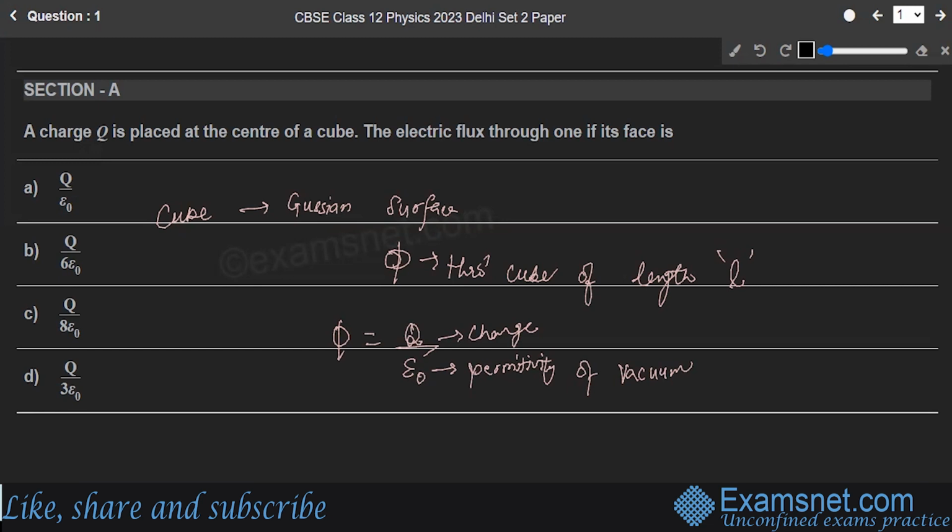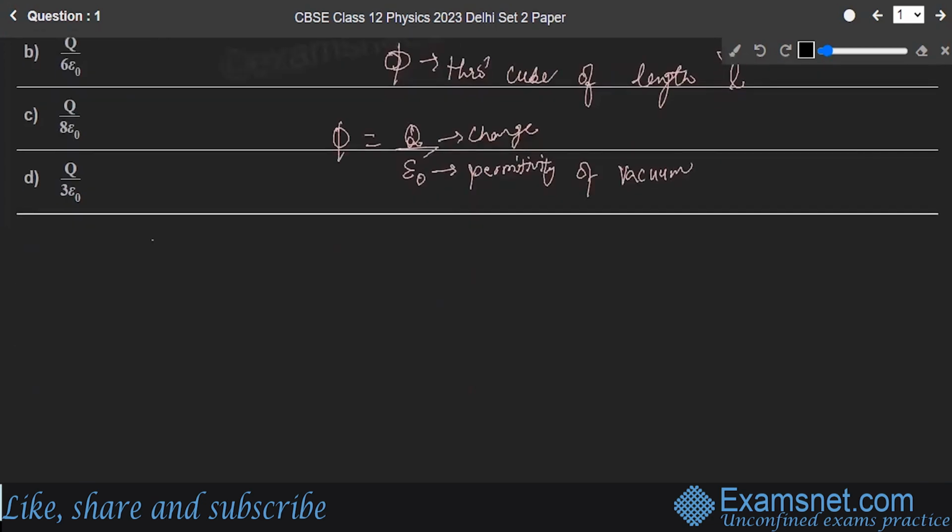Now you have been asked in the question the electric flux through one of its surfaces. As it has 6 faces, and the charge is symmetrically placed, the electric flux through each surface is equal.